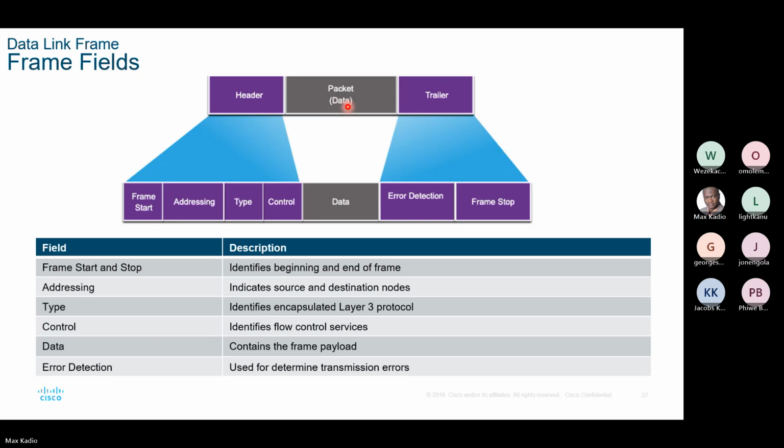Remember, if you want to send an email, you press send. Your data will go through layers 7, 6, 5. It's called data. When it reaches layer 4, transport, it is called a segment. When it reaches layer 3, it is called a packet. When it reaches layer 2, it will add some extra info.